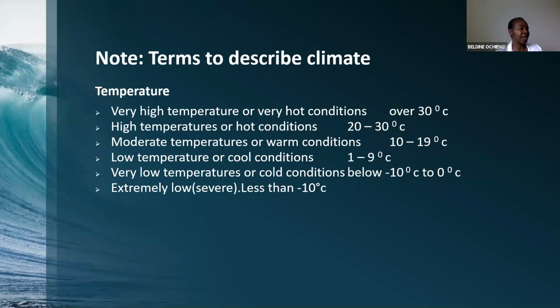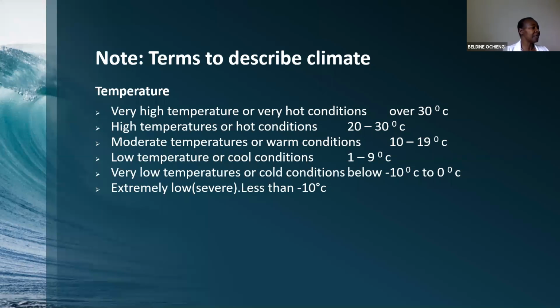Temperature can only be high, moderate, or low. But climate can be hot, warm, cool, cold, or very cold. So it is also a problem in some of our books. So get that right from now onwards.